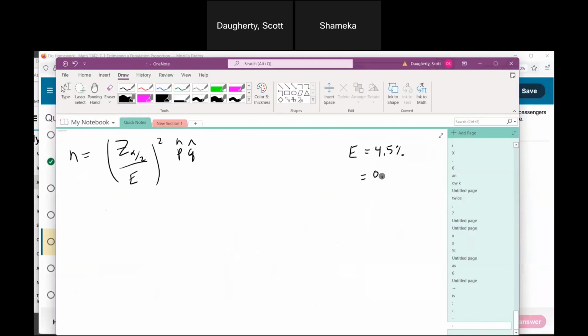Okay, which you want to write as a decimal. So 0.045. Just move the decimal 2 places to the left. And so in the formula, it's going to be this number.